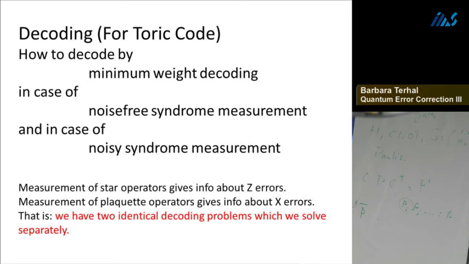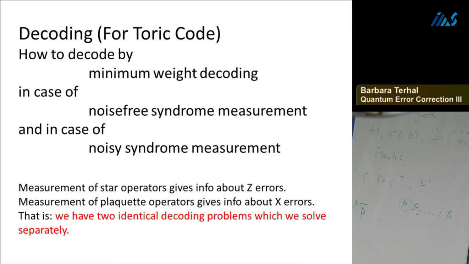Now, because this code is such that we have the Z checks and the X checks, they're actually the same if we change the lattice to a dual lattice, so the decoding is completely analogous for both of them. So we have two identical decoding problems which we could solve separately. Now there may be a correlation between the two, because if you have a Y error, you get both a Z and an X error.